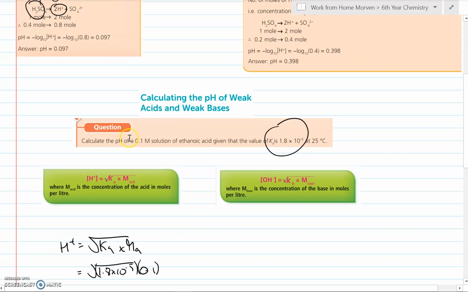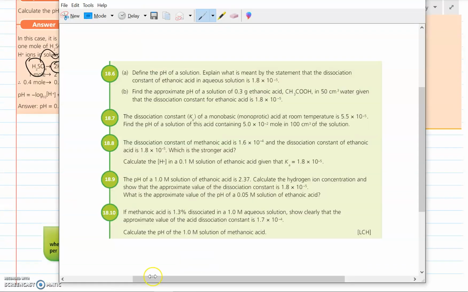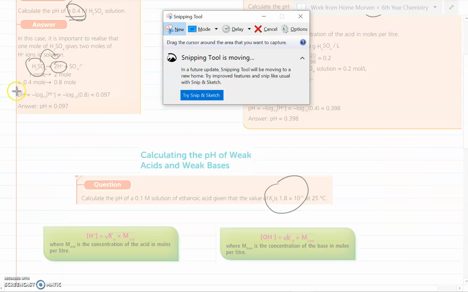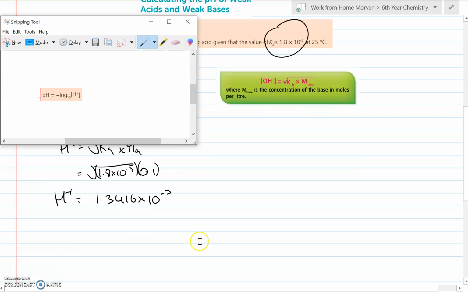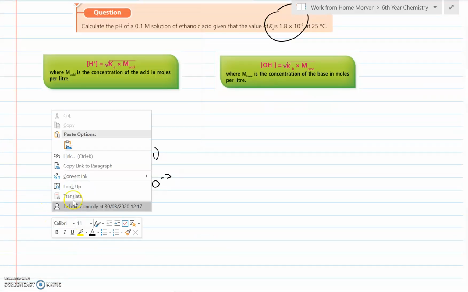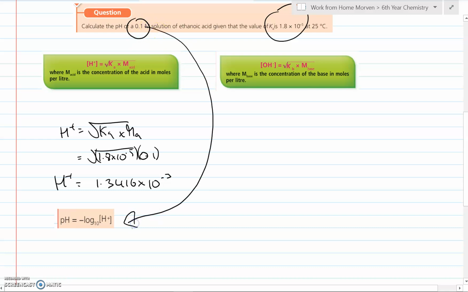But what you then need to do to get pH is you take your H plus ion concentration and you're going to bang it into your formula, okay? So what this formula does is it gives you a way of calculating the H plus ion concentration and then you're taking that. So you can't just take 0.1 and bang it into that formula because you're not getting the complete dissociation here.